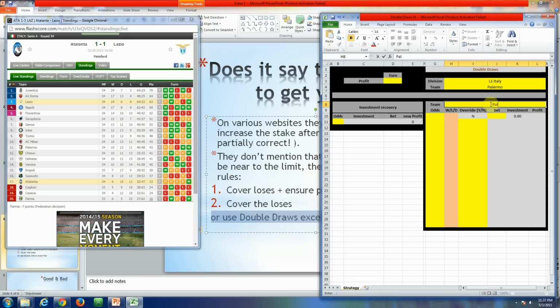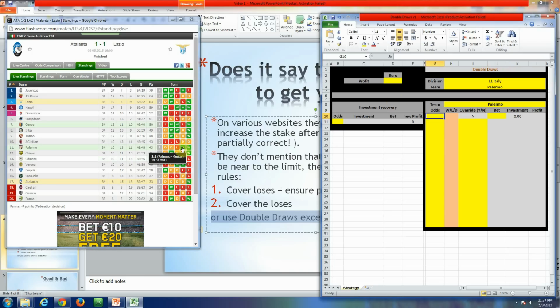Writing the name Palermo just to have this team. Okay, looking at the last games, 2 wins against Udinese and Genoa, and a loss against Parma. So what I'll do is to put these things.